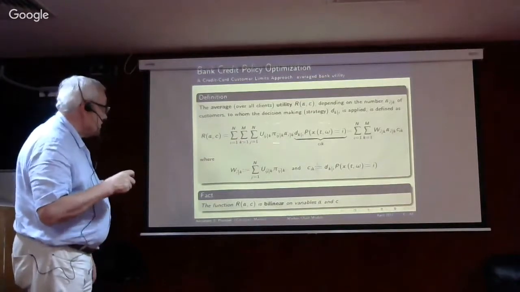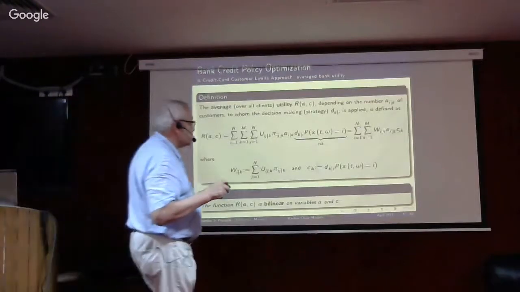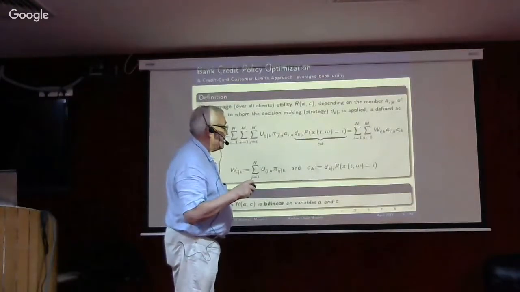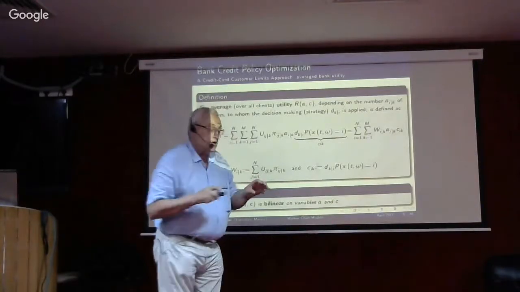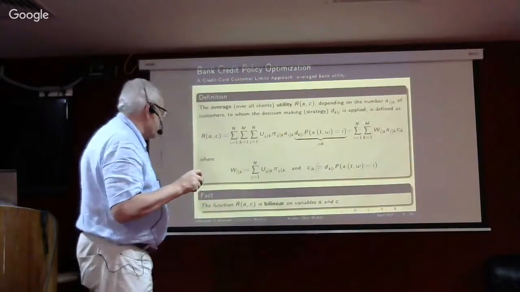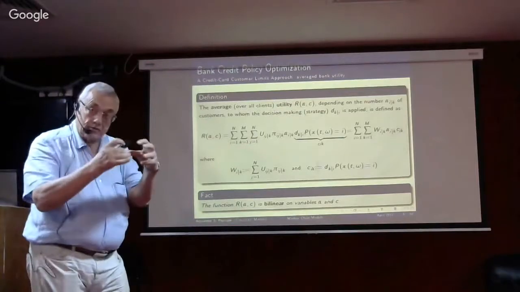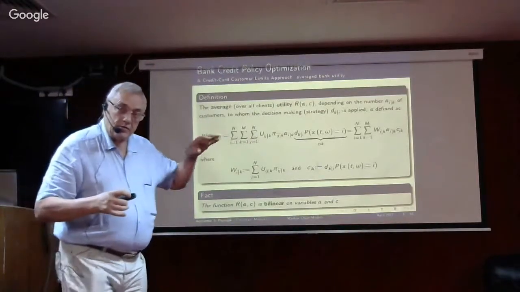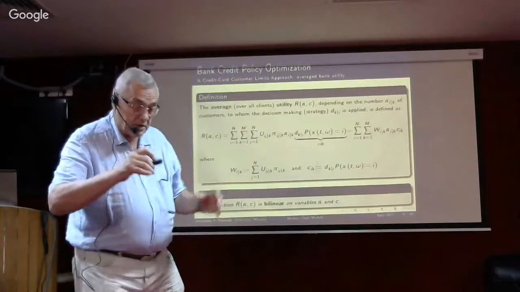This is the same expression, but now it gives another value. This is not only strategy, but how many customers use this card. This alpha is how many customers use this card. So we have 2 variables, alpha and C. C is the product D by P.